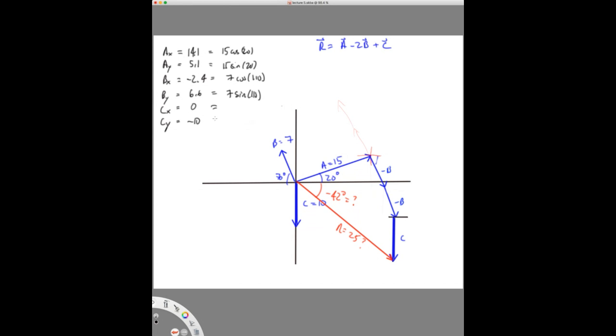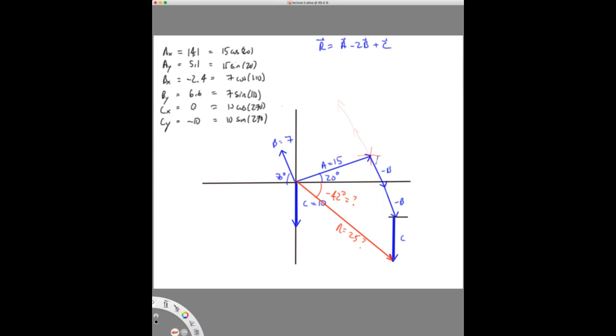And for C, we can do sines and cosines again. The angle would be 270 degrees, so that would be 10 times the cosine of 270 and 10 times the sine of 270. But I really encourage you to try to work on intuition.